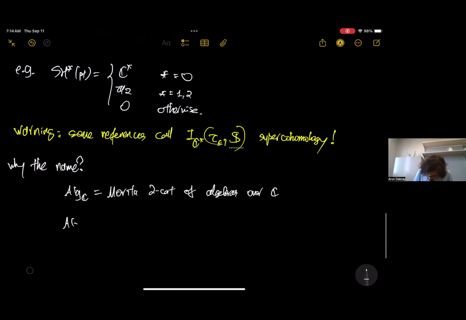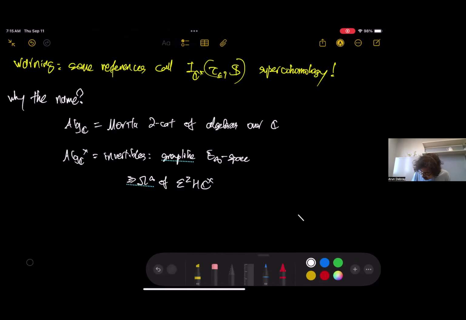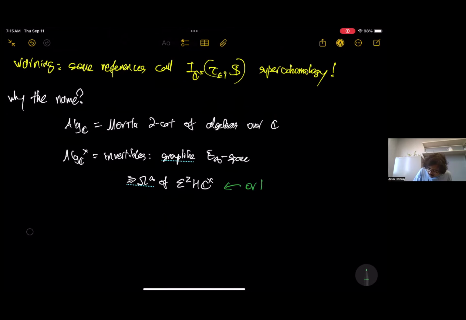So I can take the invertible things, and that is a group-like E-infinity space. And so it corresponds to some connective spectrum. So it's Omega-infinity of a connective spectrum. And indeed, that spectrum is, after a shift, ordinary C*-valued cohomology. So we just get ordinary cohomology.